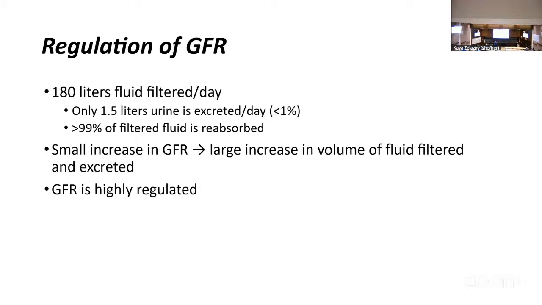So we want to keep this within a reasonable range, okay? Now, part of this that we're going to notice from that 180 liters of fluid filtered per day already is not how much fluid you are urinating out per day. So we do have more adjustment as we move through the nephron of how much of that fluid actually stays in the nephron, in the kidney, and makes it to your bladder. You should only be urinating about 1.5 liters of urine per day.